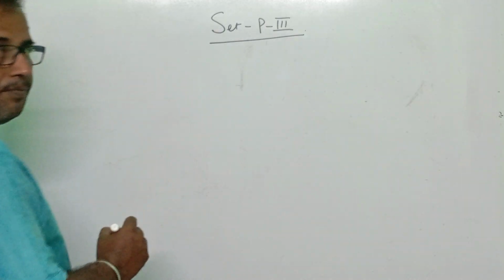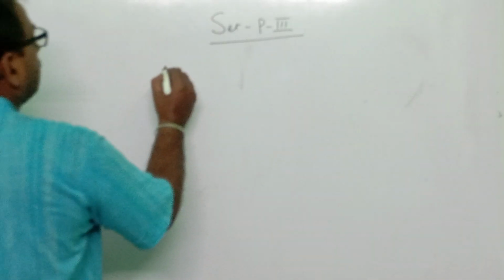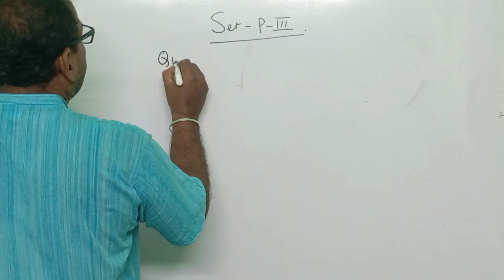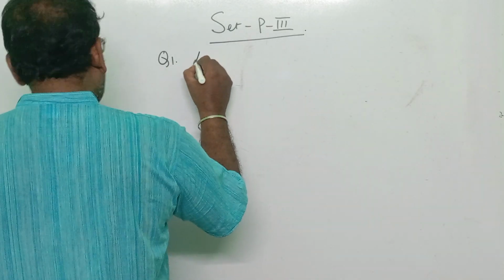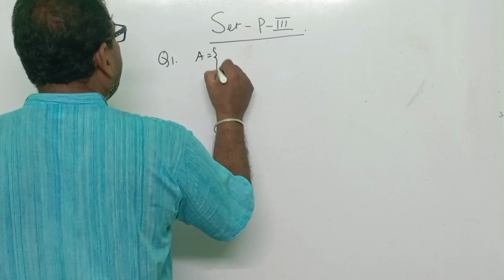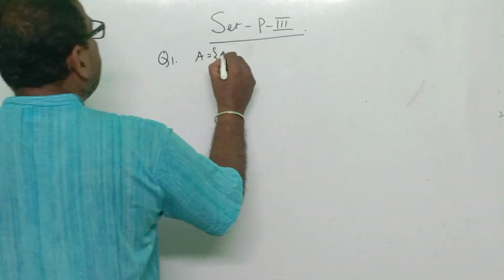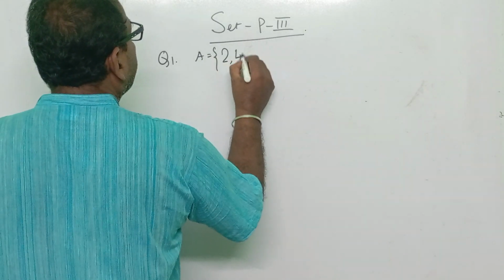Now let's say the question is given. What is the question? A is a set having the elements 2 and 4. Clear?